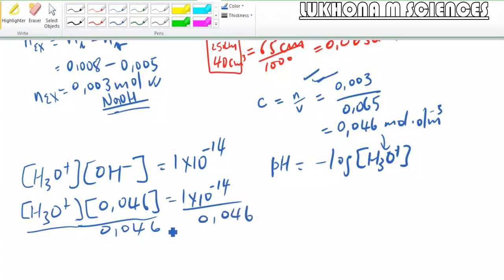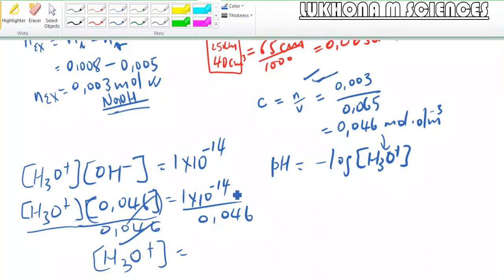So the concentration of H3O plus is equal to 1 times 10 to the exponent negative 14 divided by 0,046.